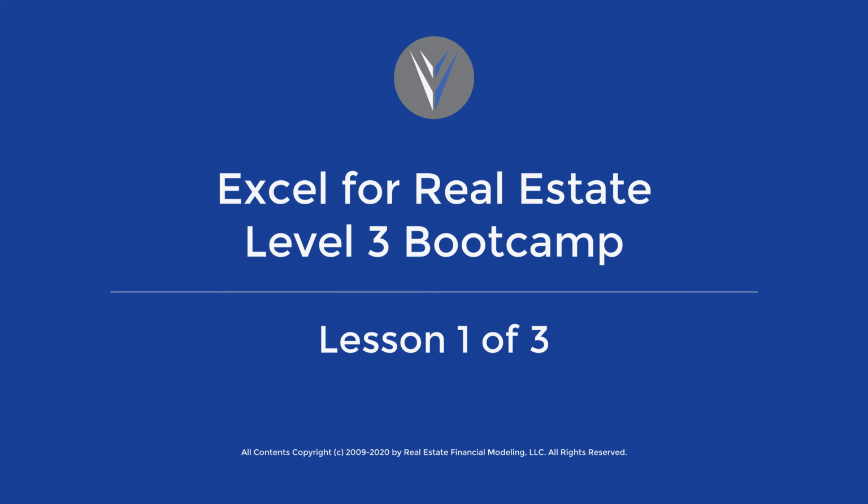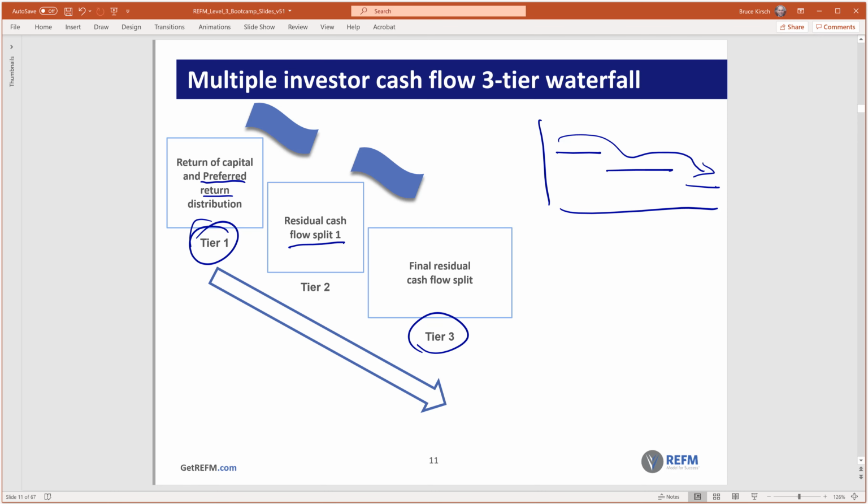Tier 2 would be the residual cash flow split 1, or the initial residual cash flow split, and then Tier 3 would be the final residual cash flow split. So anything that is not distributed in Tier 1 or Tier 2 would be captured in Tier 3 and split, and there would be nothing thereafter to distribute.